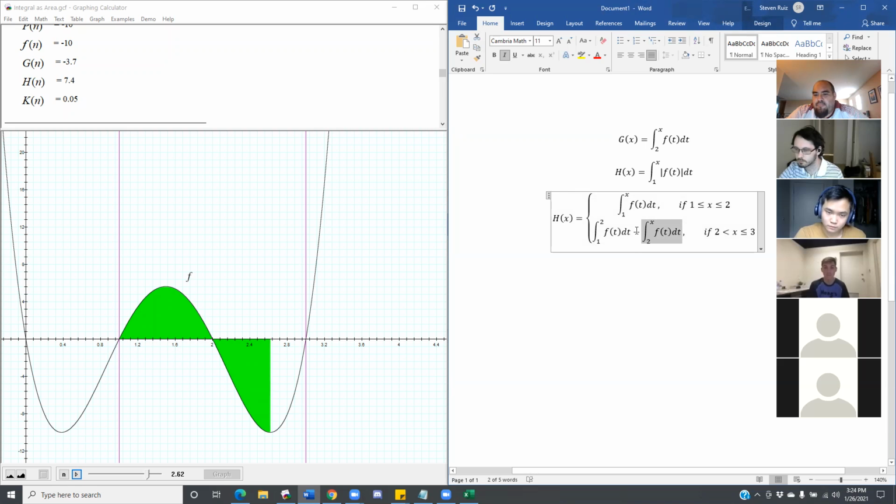So I use the minus sign to get that opposite quantity. Basically, if this integral yields the value -2, I really want that to be +2.